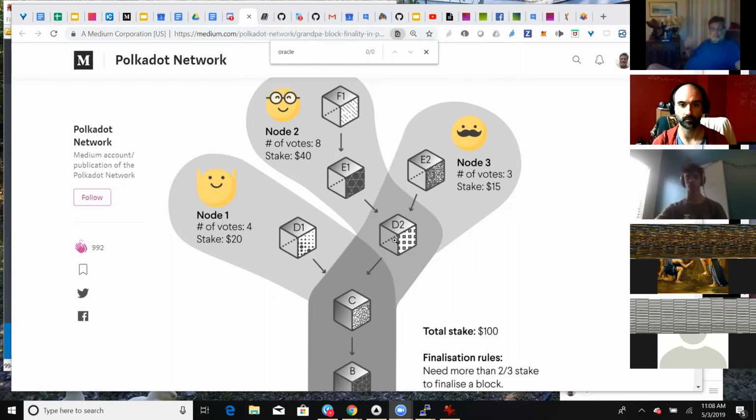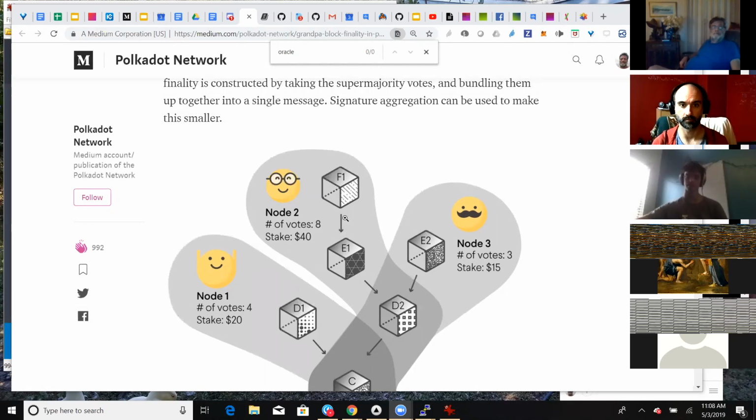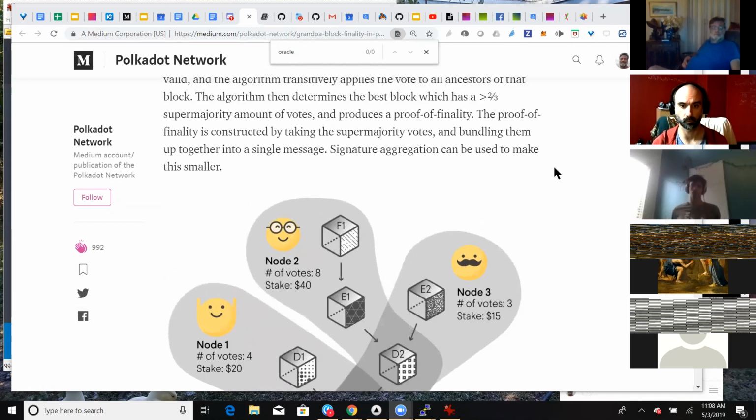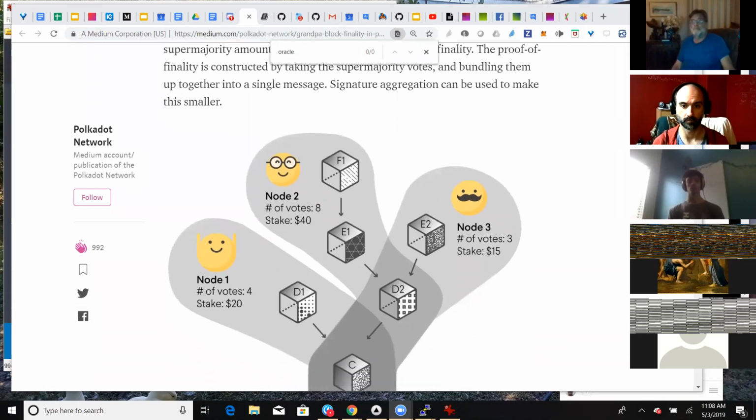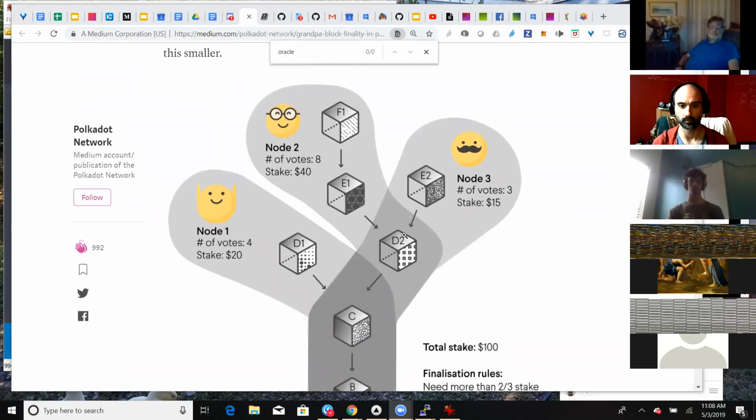Okay, so validity says, looking at this figure maybe will help us: if an honest voter finalizes a block, let's say D2, then that block was seen in the best chain observed by some honest voter containing some previously finalized ancestor. And it totally was. Node 2 and node 3 both saw block D2 in what they considered the best chain of a previously finalized ancestor, like, for example, C or B.